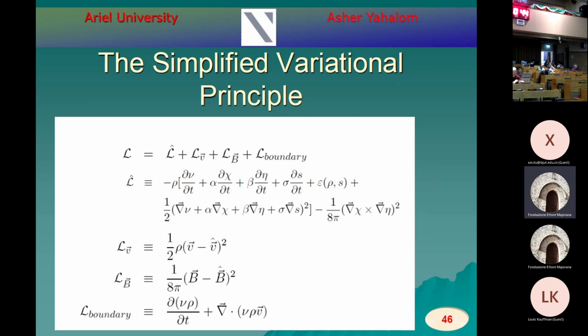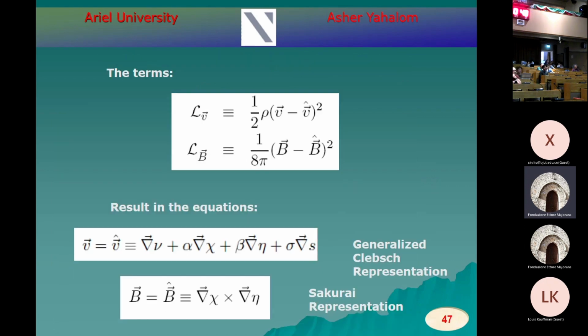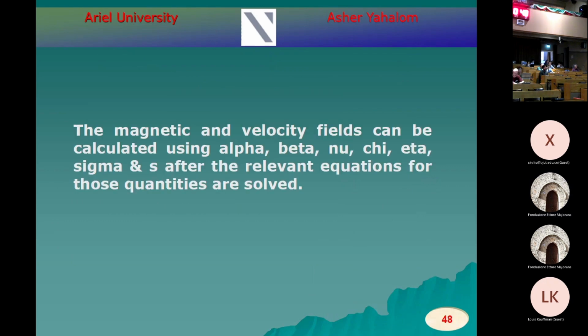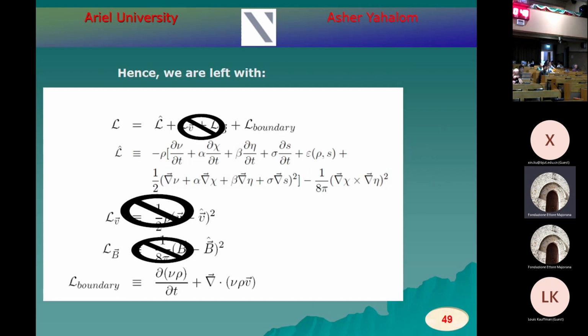So essentially, what you see is that those just give you the fact that V is in a Clebsch representation and B is in a Sakurai representation. We can assume this in advance. We don't have to get it from a variational principle. And then we are left with the following.